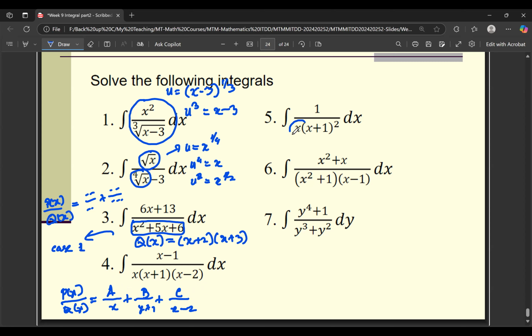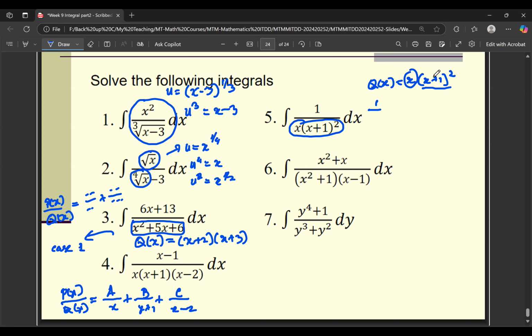Now, for number 5, we already have the Qx. This is x multiplied by (x plus 1) squared. So this is non-repeating, but this is repeating. So we can look at this as case 2.